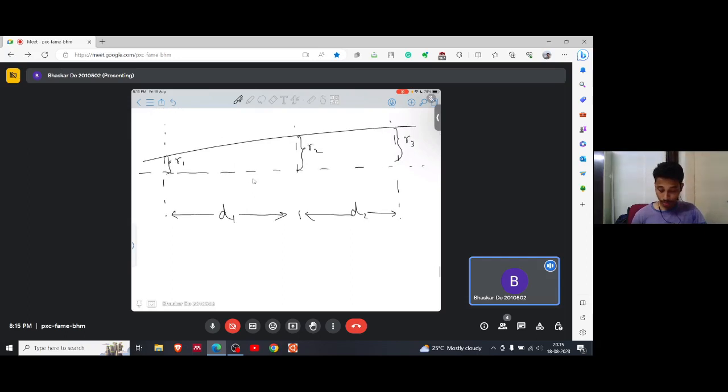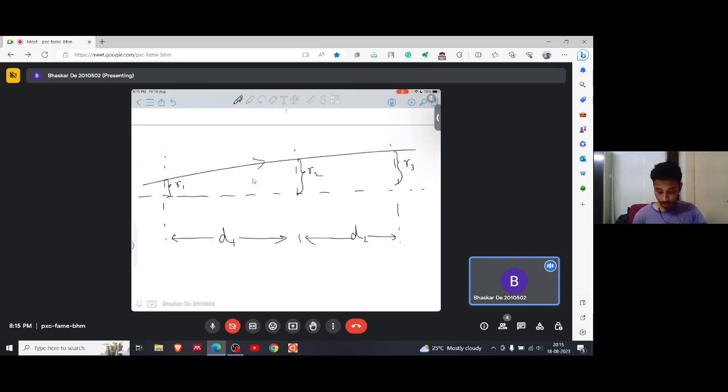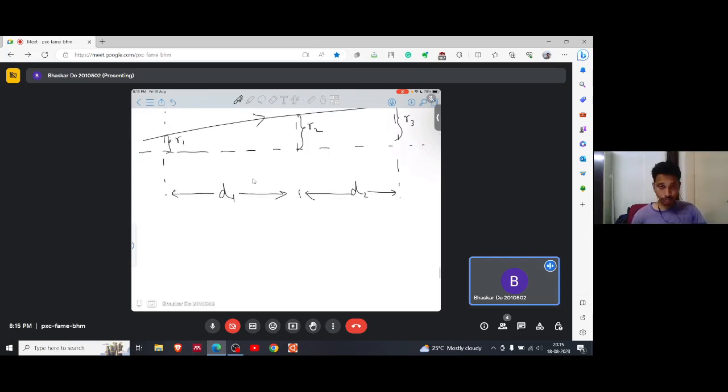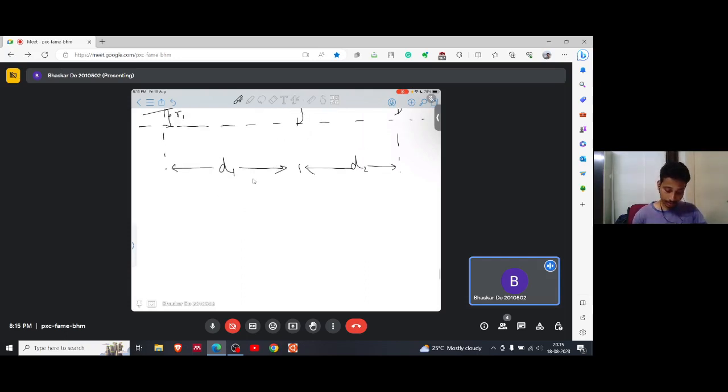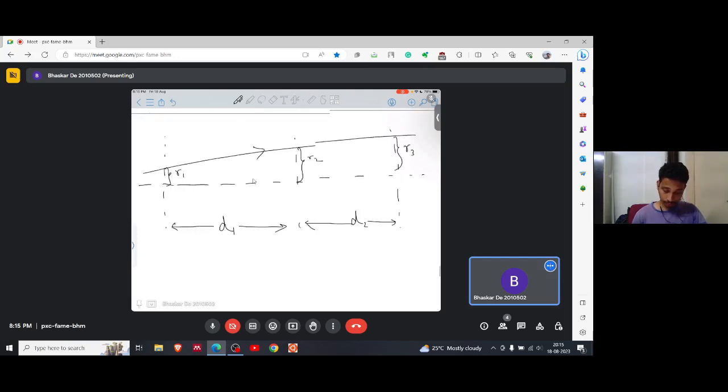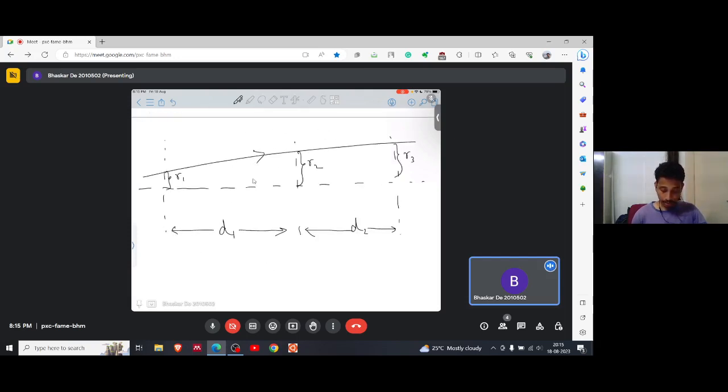So what I am doing here is just showing two pieces of dielectric. One is of length D1 and another is of length D2. Now I will write the matrix. Here you can see the R in is R1 and R out is R2, but for the D2 dielectric R in is R2 and R out is R3.